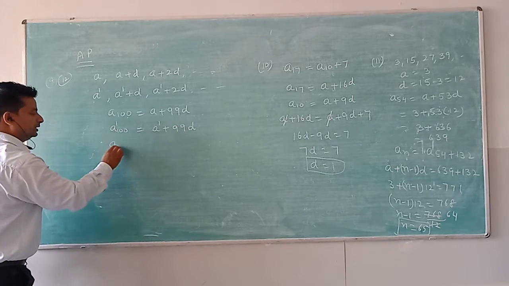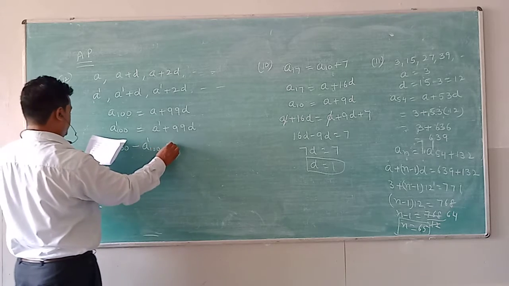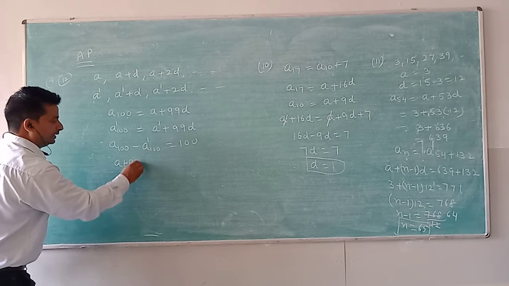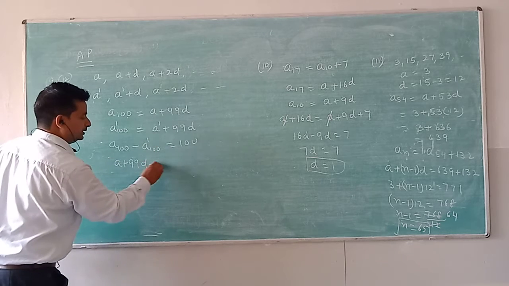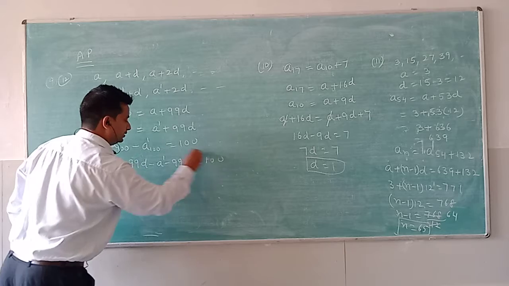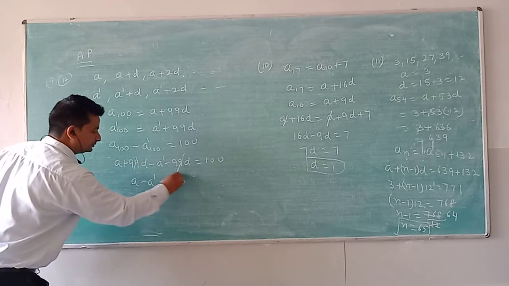In this question we have a100 minus a100 dash equals 100. When we put the values, a plus 99d minus a dash minus 99d equals 100. These cancel out, so a minus a dash is 100.